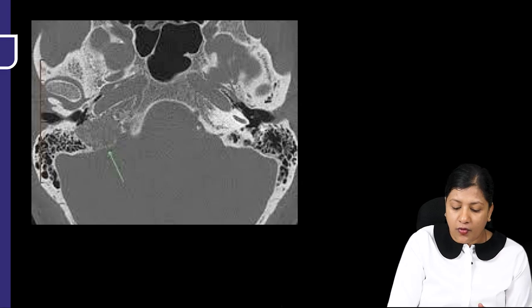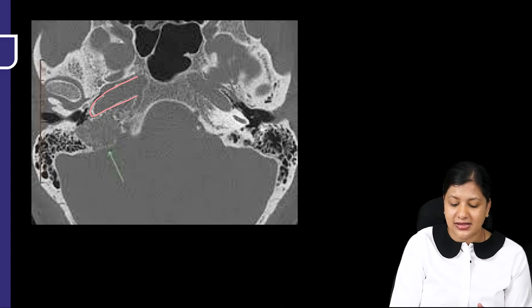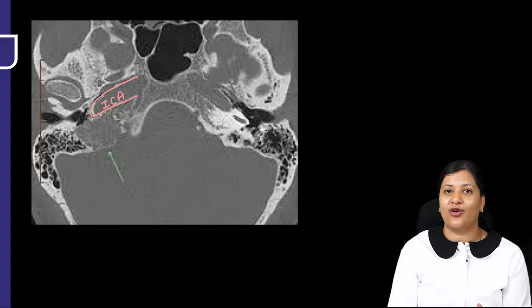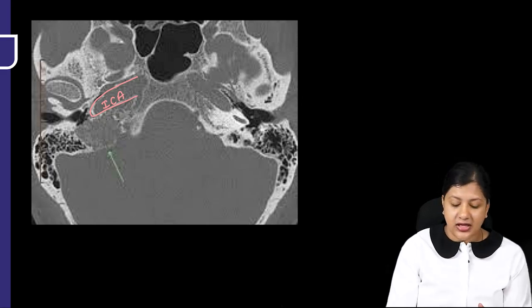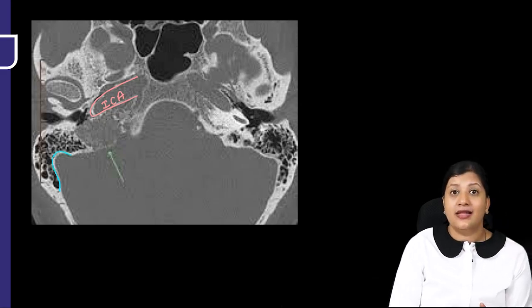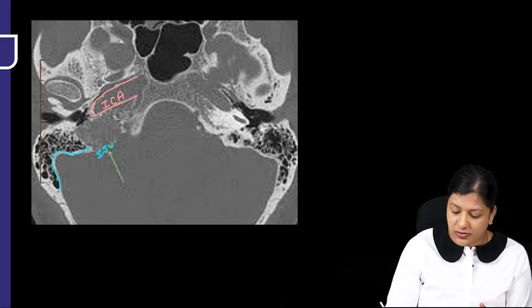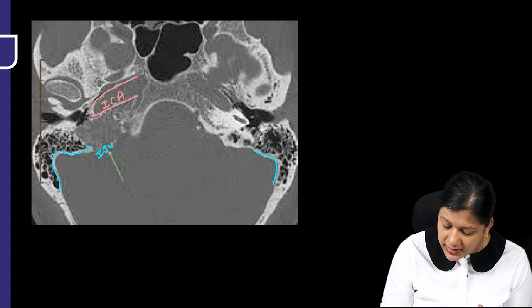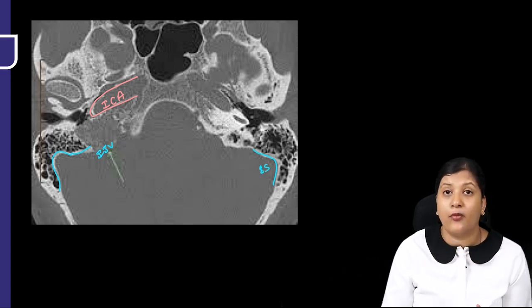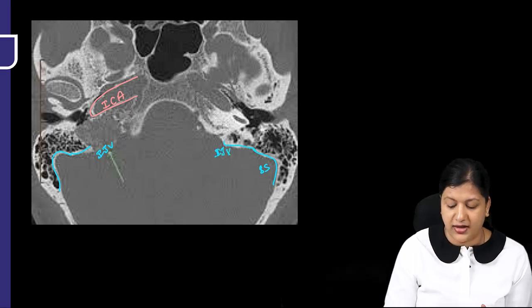So first of all, what is this structure that you see here? This is the impression of the internal carotid artery. Now at the posterior border of the mastoid, you have the sigmoid sinus. This sigmoid sinus continues as the internal jugular vein.